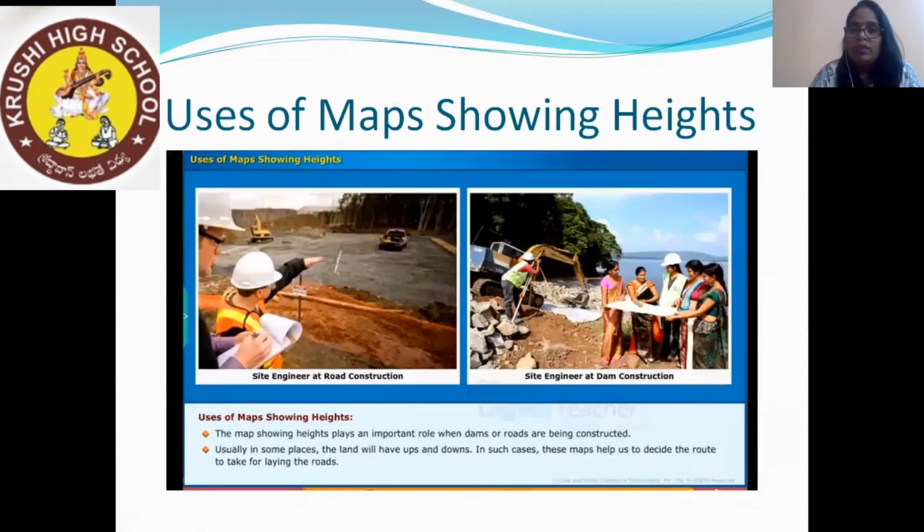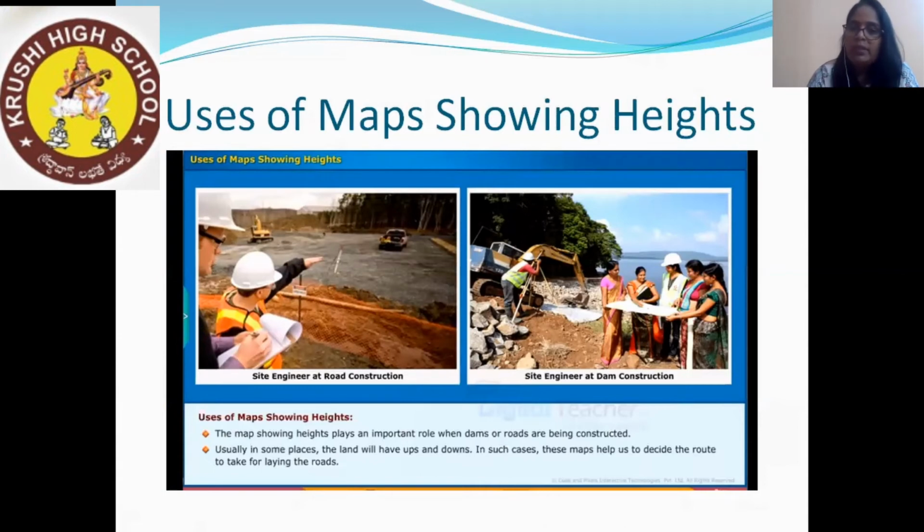In what way can we use these maps? These maps are very useful when constructions take place. The maps showing heights play an important role when dams or roads are being constructed. Usually in some places the land will have ups and downs.